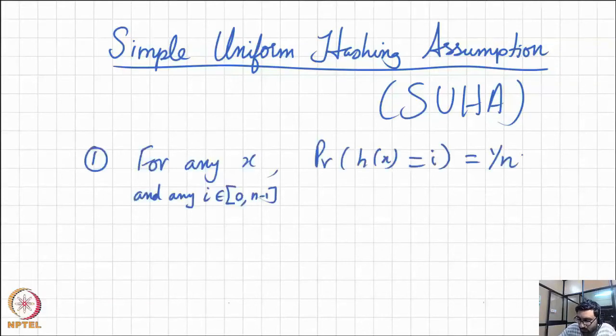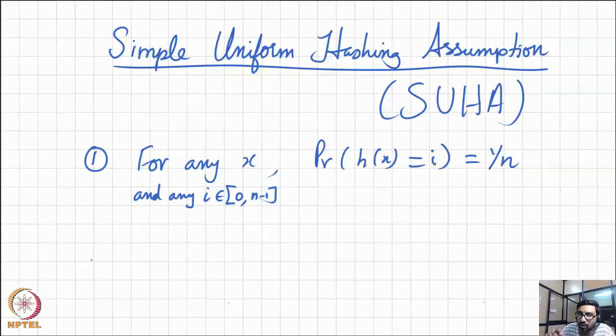Firstly, the probability with which any item x from the universe gets mapped onto a particular location i within the hash table is exactly equal to 1 over n. So the hash function chooses the index i uniformly at random.